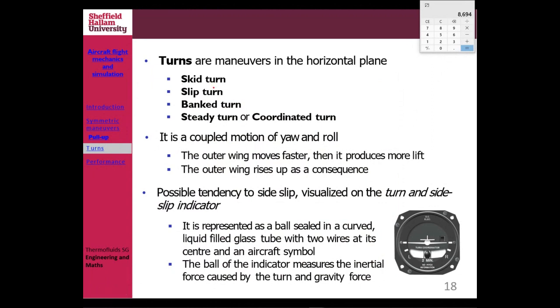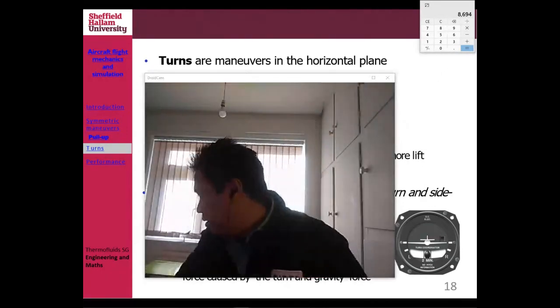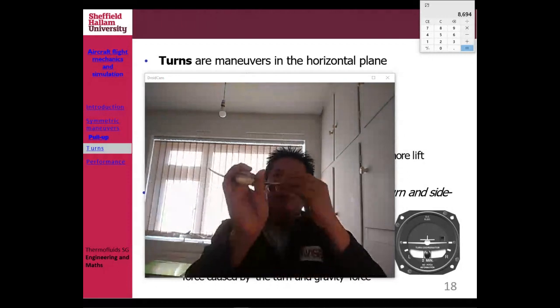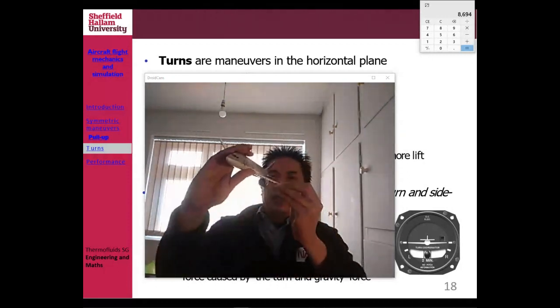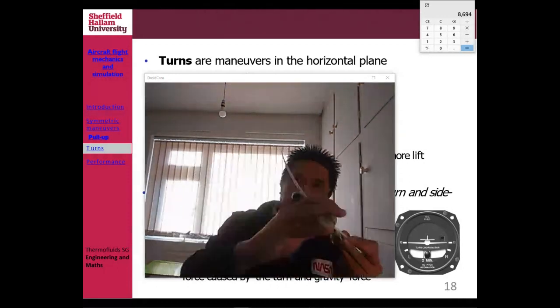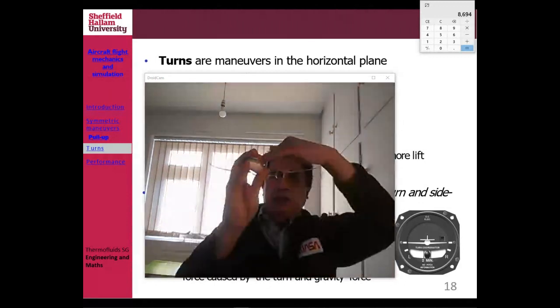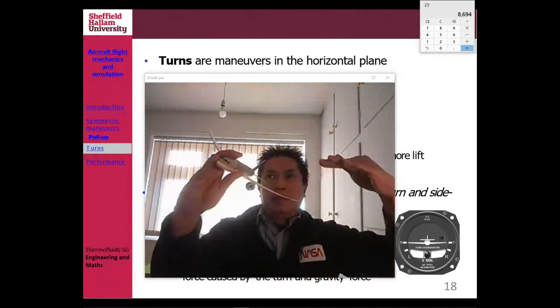Now the slip turn is the one that happens when you change your altitude. A slip turn is when you drop your altitude. If you make a turn like that, a slip is when you drop the altitude rather than keep your altitude level.